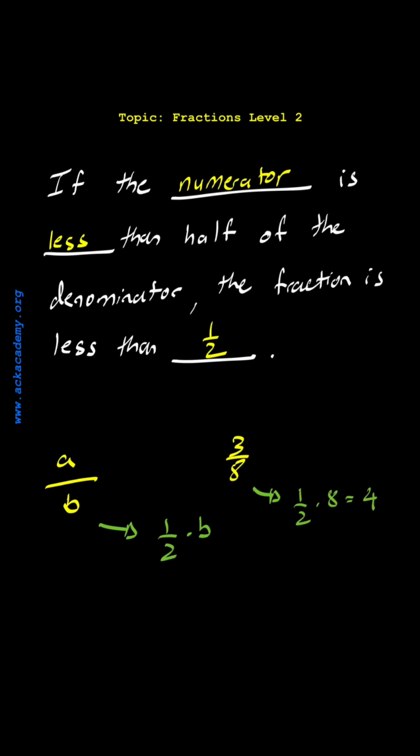So in this case, 3 over 8, 1/2 of 8 is 4. Because this 4 is greater than this 3, this relationship between this and this means it is less than 1/2.